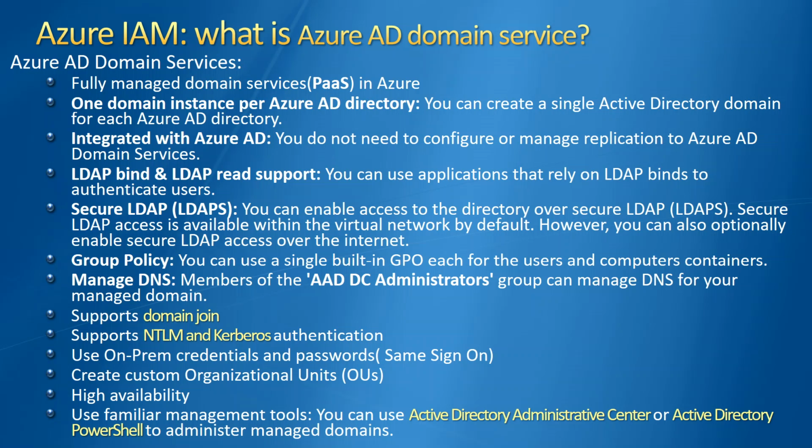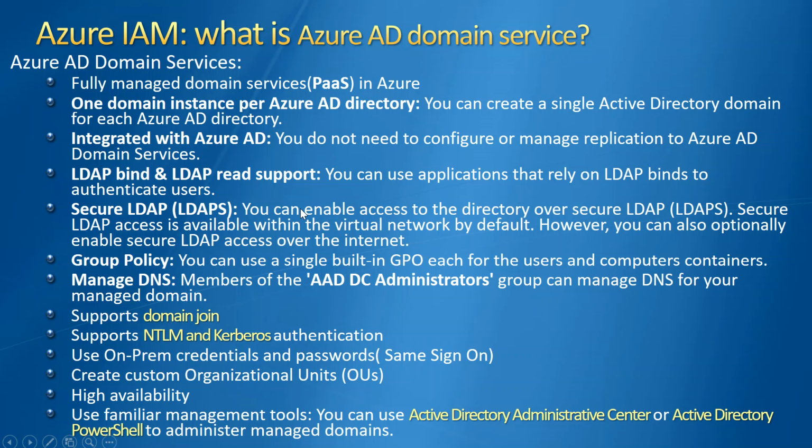So you don't need to set up anything at all. It's automatic. Basically, and we'll see in the demo how this integration works, you go into the properties of Azure AD and say that you need an Azure AD DS for this Azure AD. Then it will automatically replicate the user objects, the passwords, and everything required for your Active Directory, which is Azure AD DS.